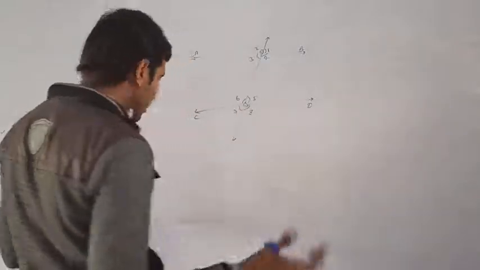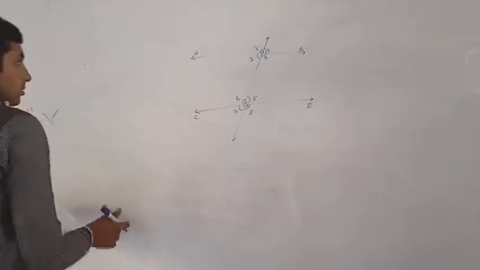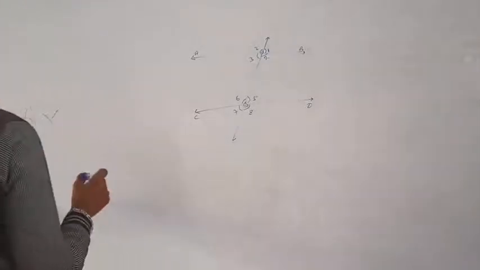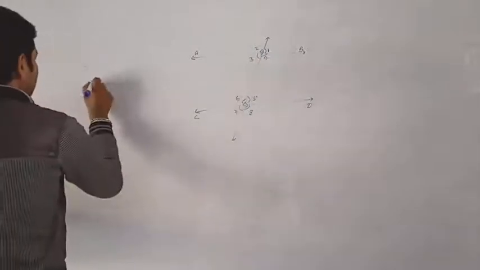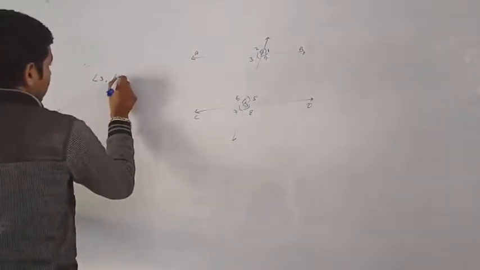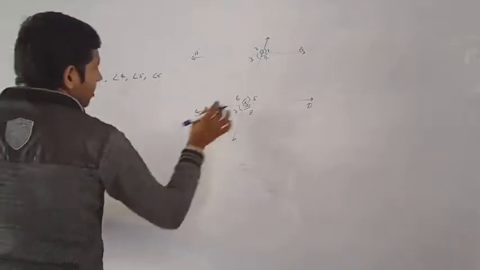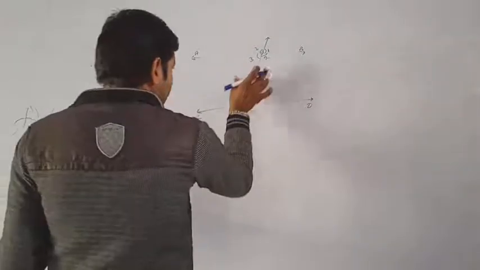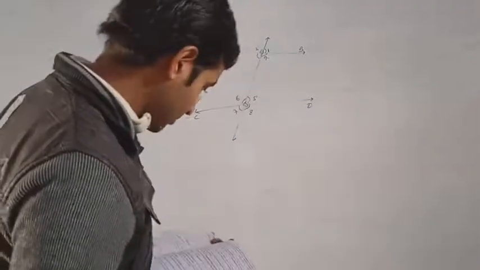These four angles are exterior angles. And angle 3, angle 4, angle 5 and angle 6 are interior angles. These angles are called interior angles.